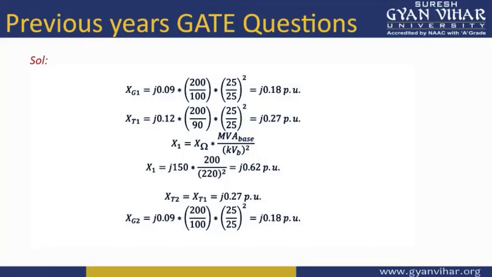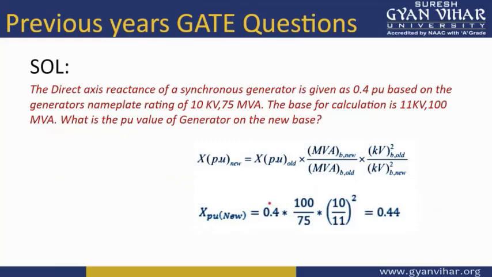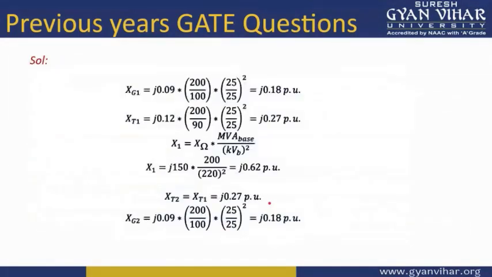When I substitute into the previous equations, we can see that the generator reactance Xg1 is j0.18 per unit. Xt1 is j0.27 per unit. X1 is j0.62 per unit, Xg2 is j0.18 per unit, and Xt2 is j0.27 per unit.